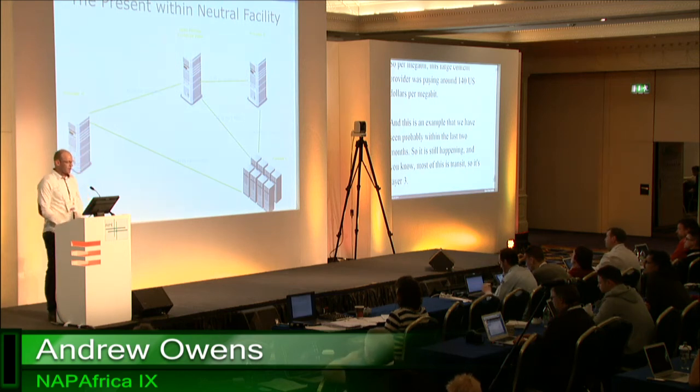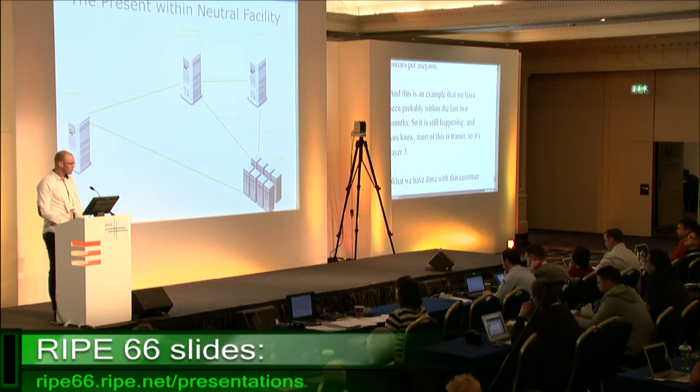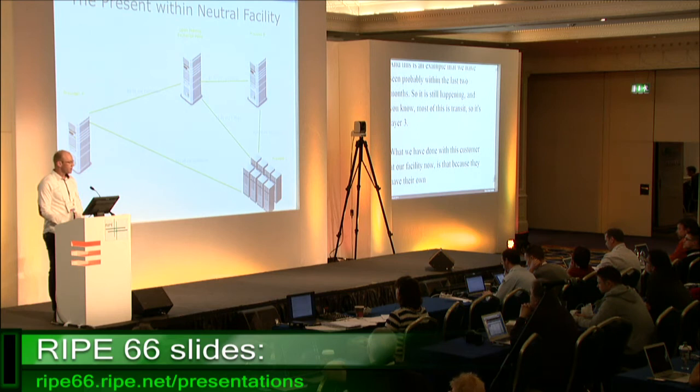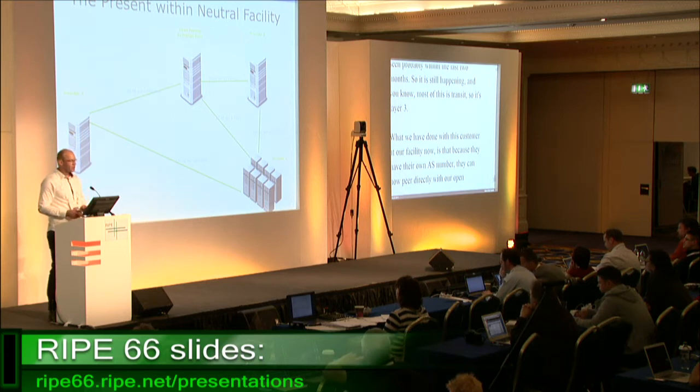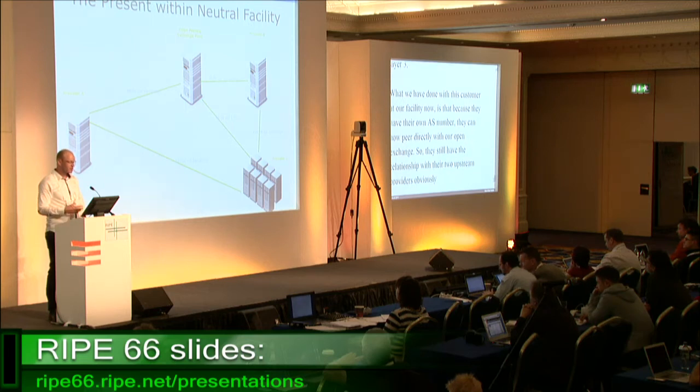Okay, so what we've done with this customer at our facility is that because they have their own AS number, they can now peer directly with our open exchange. They still have the relationship with their two upstream providers, obviously for breakout and for content that's not available at the exchange.